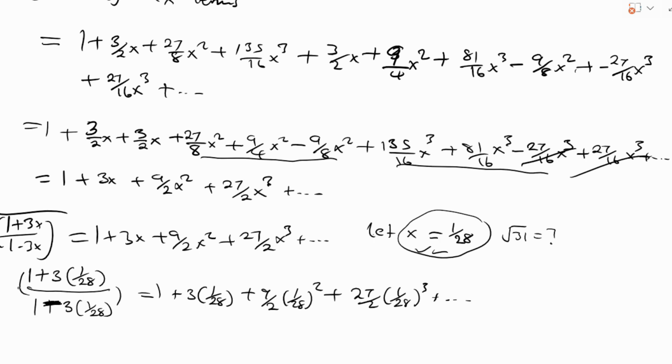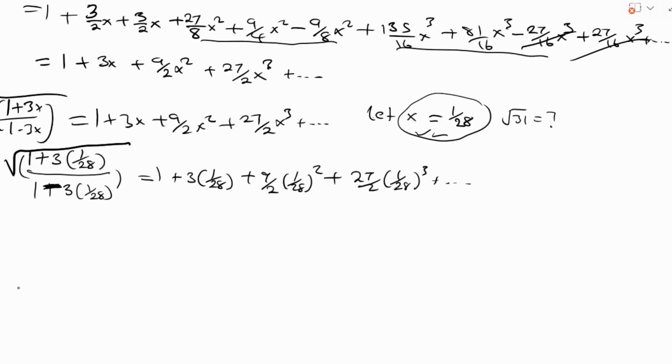All right, remember this one was under square root. Now if I simplify here, 3 times 1 over 28 is the same as 3 over 28, and if you take 1 plus 3 over 28, you shall get 31 over 28. If you take 1 minus 3 over 28, you shall get 25 over 28.